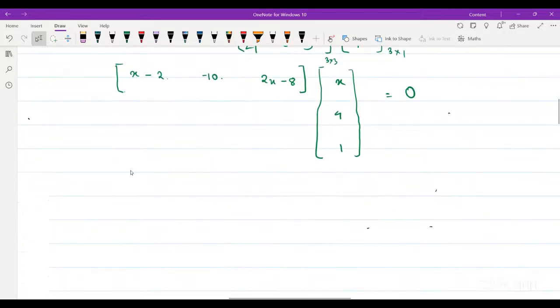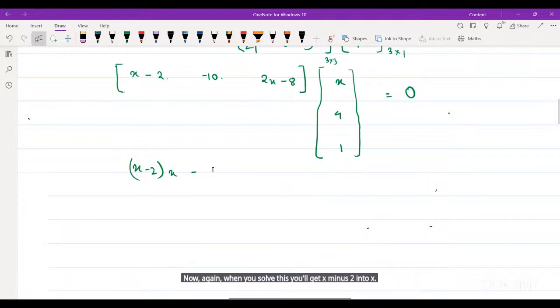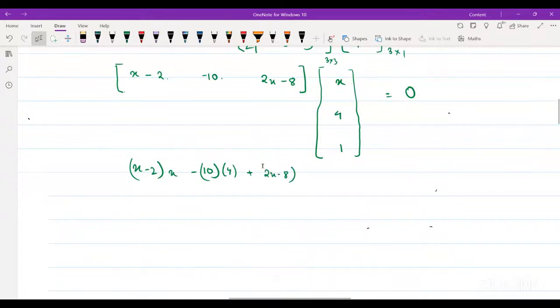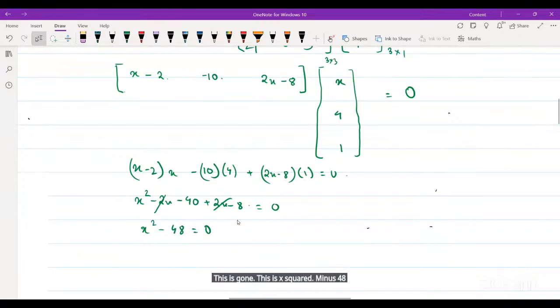Now when you solve this, you'll get x minus 2 into x, minus 10 into 4, plus 2x minus 8 into 1. This is x square minus 2x minus 40 plus 2x minus 8. This cancels. This is x square minus 48 is equal to 0.